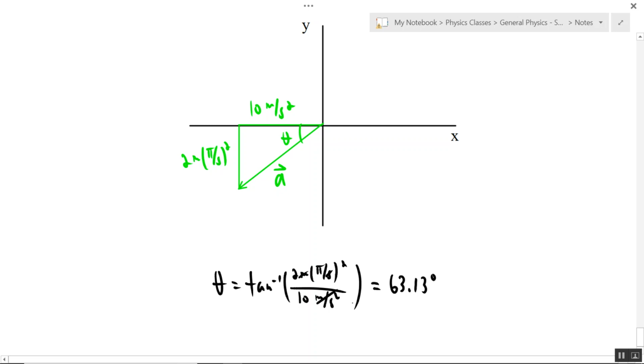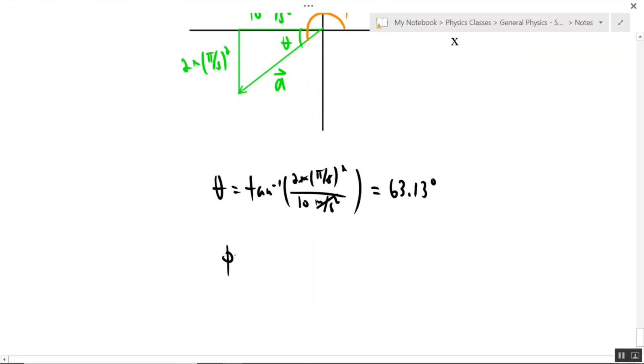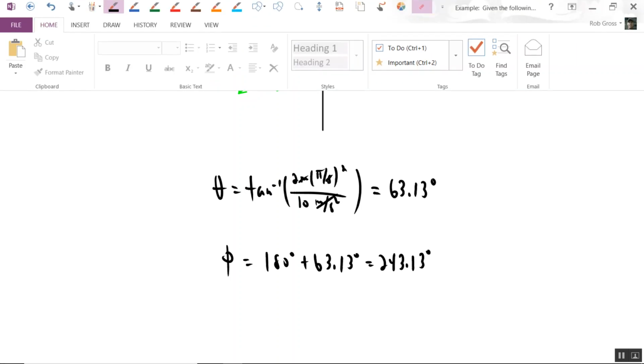Okay, so then how do you find the angle from the x-axis? Yep. So it's 243.13 degrees.